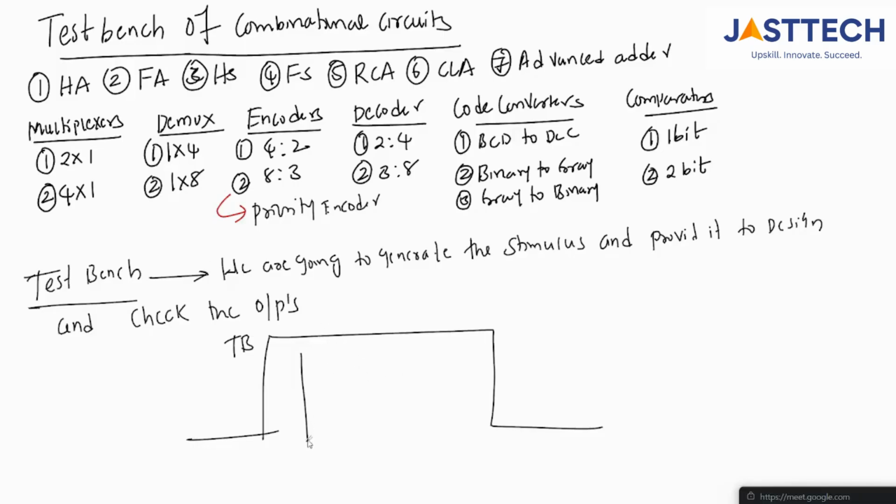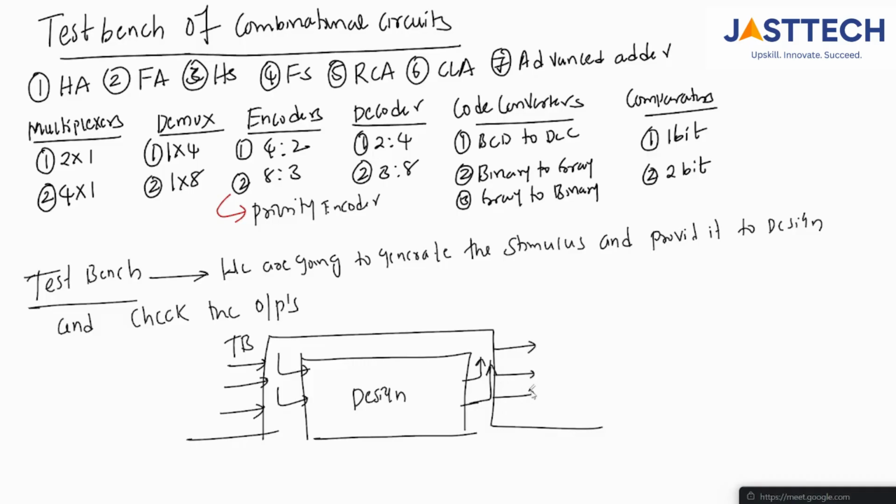So this is your design, and through the test bench, you are giving the stimulus. These are the inputs for the design, and you are getting the output from the design, and you are seeing the output through the test bench.